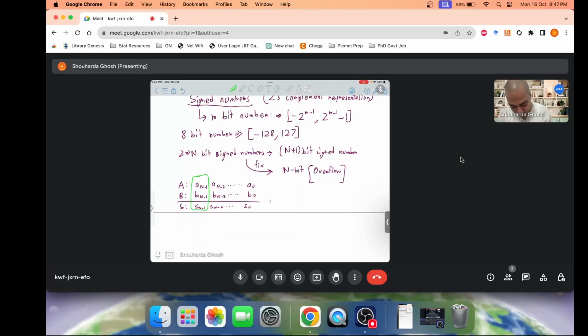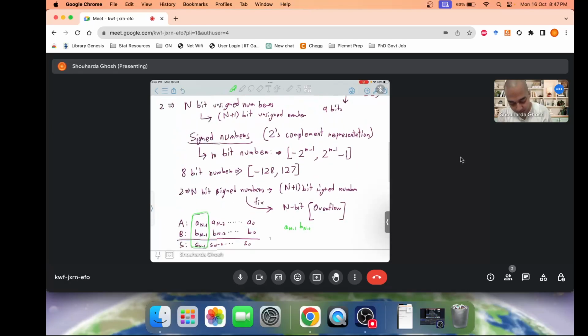So if a n minus 1 and b n minus 1, both of them are 1. Now, okay, so I should have actually shown this. If the MSB of a 2's complement number is 1, that means the number is negative, and if the MSB is 0, then the number is positive.